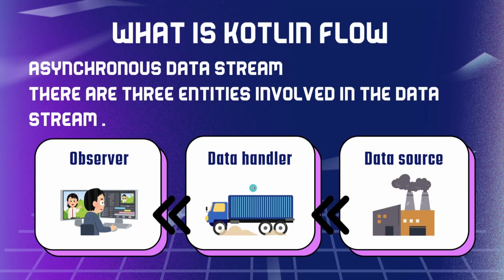It's not always like this, that it only delivers the data for us from data source to observer. It can also manipulate the data and add something to it or do some processes on it, and the final data will be given to the observer. Let's go to the Android Studio, and I'm going to show you what I mean.